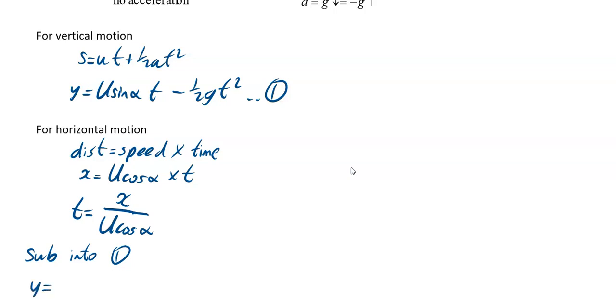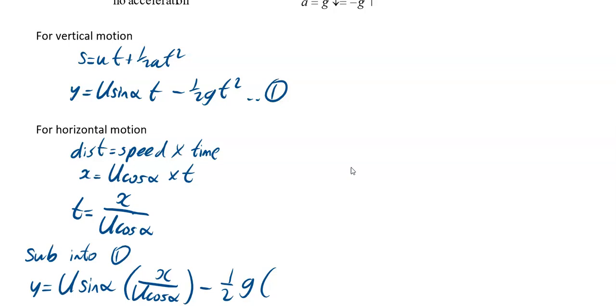So your y is going to be equal to big U sine alpha times my t, and I've just said my t is equal to x over big U cos alpha, minus a half times your g times your t, which is big X over big U cos alpha all squared.